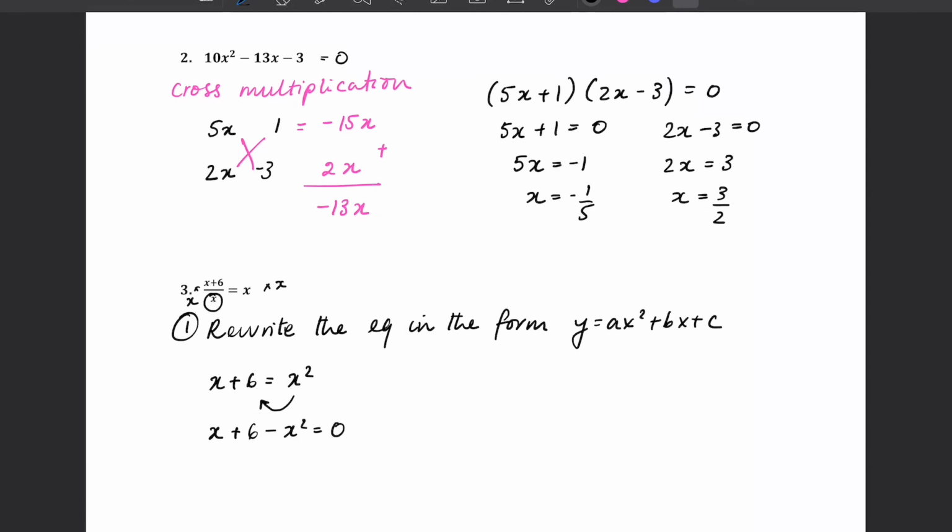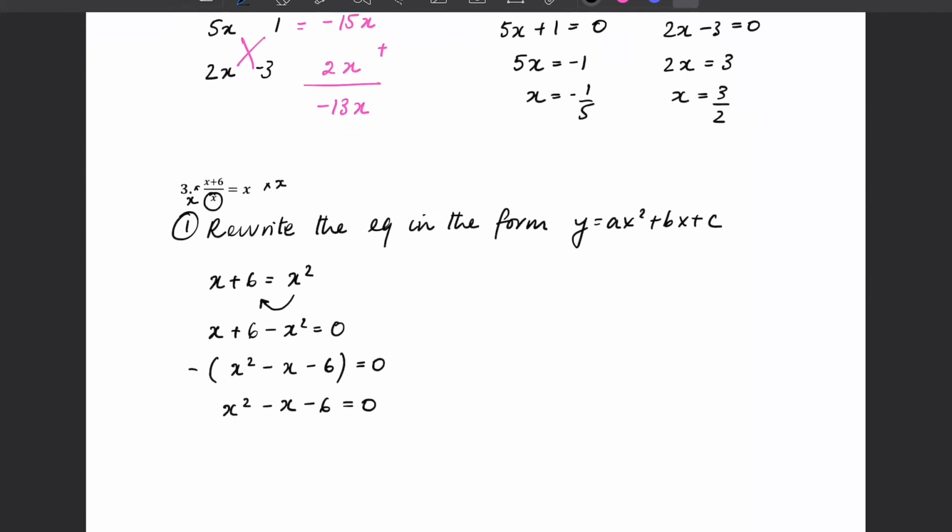So now I'm going to rearrange this so that the whole equation is equal to 0. So I'm going to bring the x squared inside, or to the left-hand side. So now what you can see here is that a is actually negative 1. So in order for x squared to be positive, I'm actually going to factorize this by taking out a common factor of negative 1. So that's going to basically transform my equation into the following. Now dividing the 0 by the negative that we factorized the equation by is going to leave me with the following.